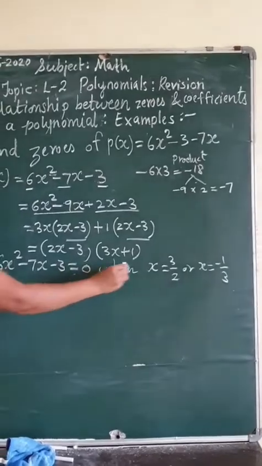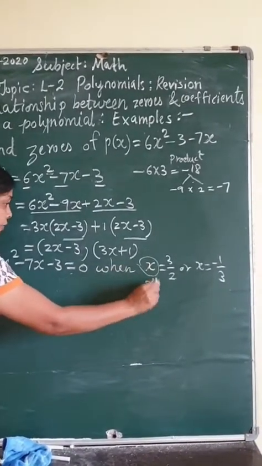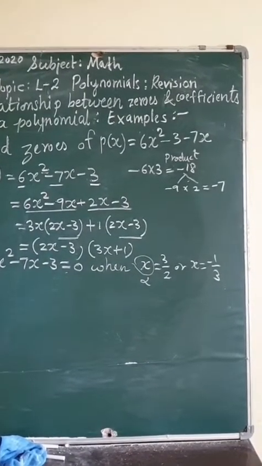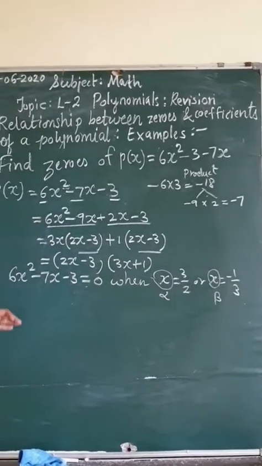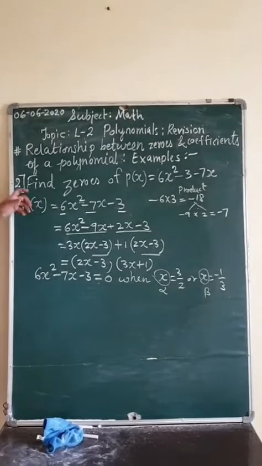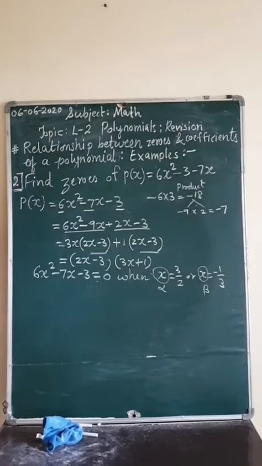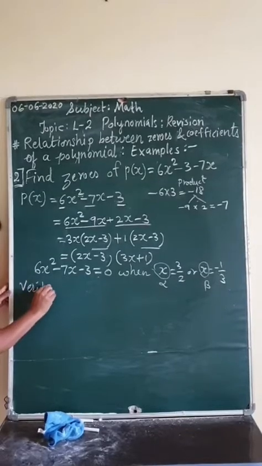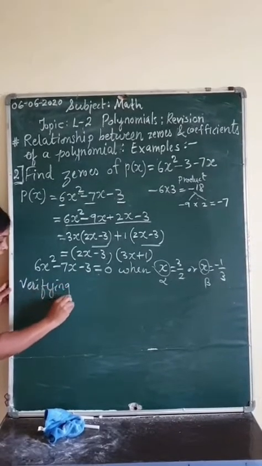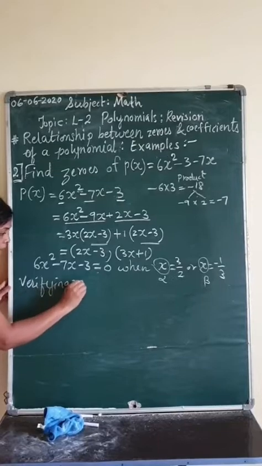So one of the zeros is alpha, suppose we take it here as alpha, and the other zero is beta. Now we have to verify this relationship with the coefficients, as I have explained earlier. So we are verifying the relationship.